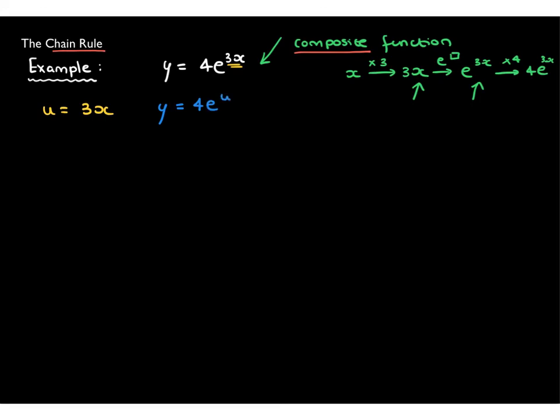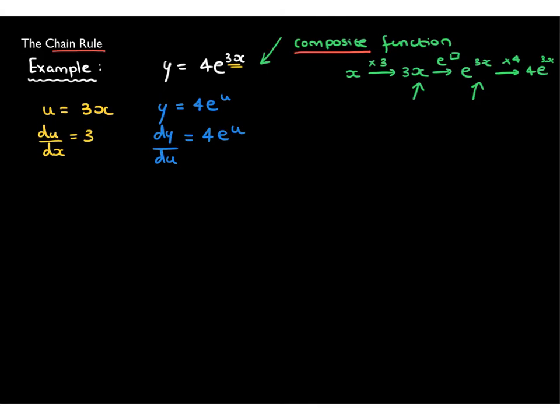We then need to differentiate both parts of this with respect to the variable in question. So du by dx is equal to 3, and dy by du, well, it's a simple exponential function. 4e to the u would differentiate to give us 4e to the u.